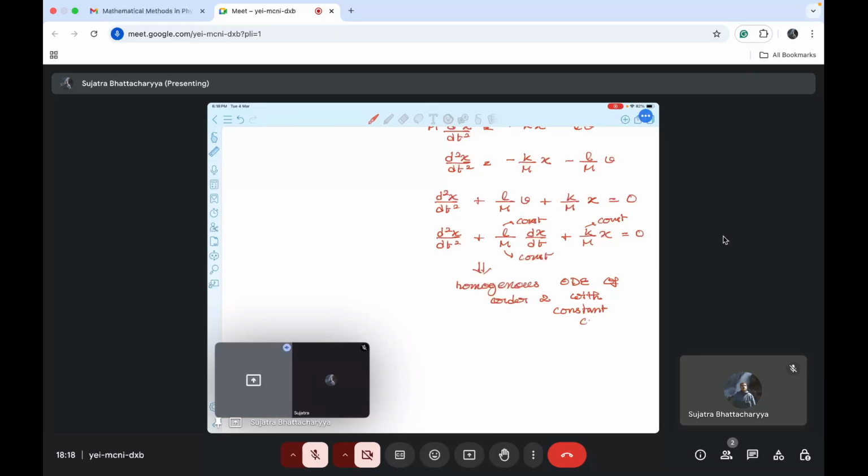There are three possibilities we have seen: whether you have real roots with different values, you have exponential decay or exponential growth like functions. Second is you have exactly equal roots but real. In that case, you have c1 plus c2 t times exponential of something t. This kind of a function will be developed. And finally, when you have imaginary roots, you have your oscillatory system.